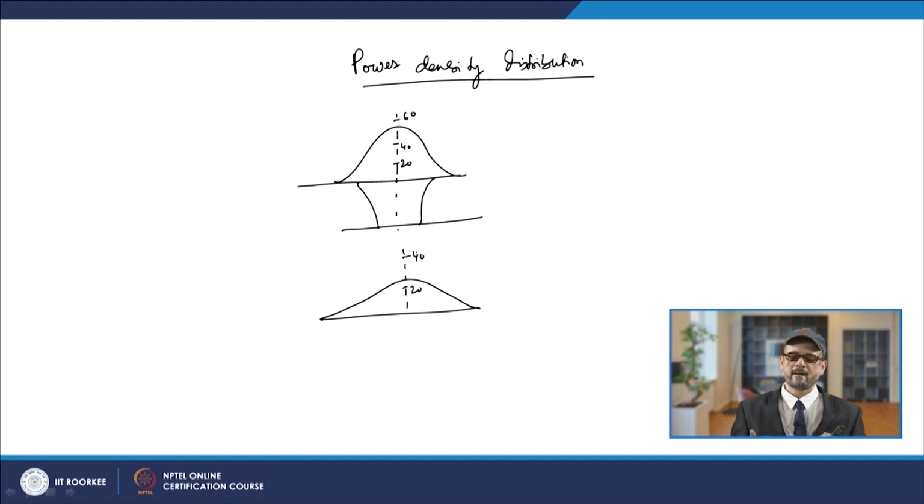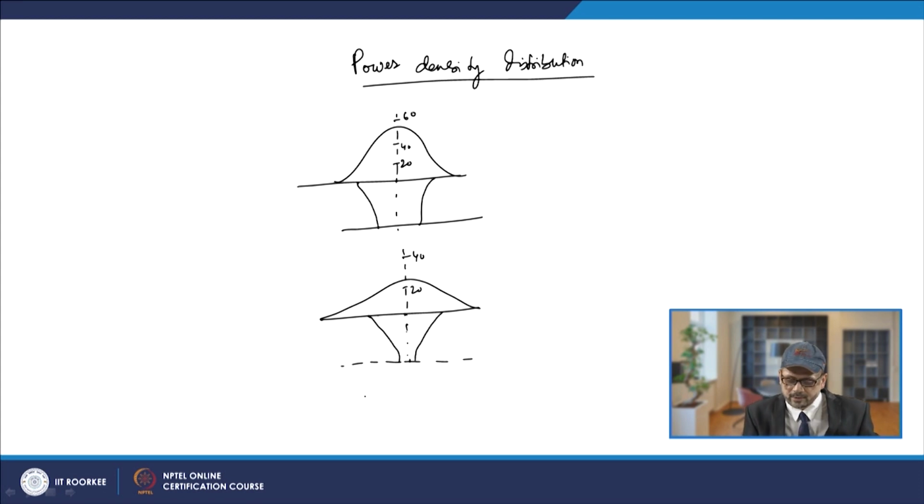If the power density distribution is changed, then that will lead to a change in the pool shape, and it will go like from here it will come, and the pool shape will go like this.